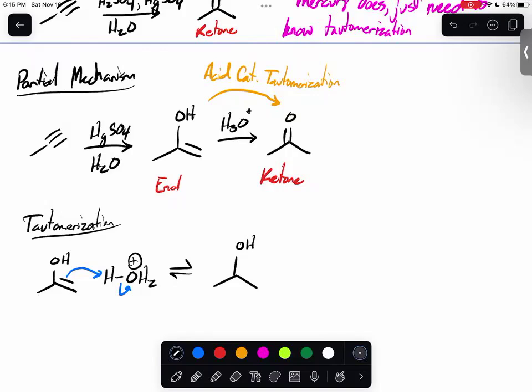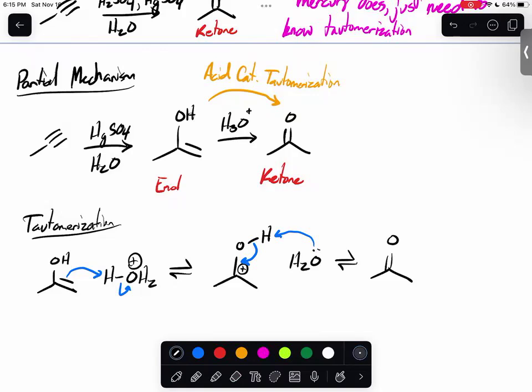This, of course, generates our carbocation, where now our enol can get deprotonated. But again, we're going to show it a little quicker, where now this time, when we deprotonate this, it's more like an E1, where instead of having to show the resonance and the deprotonation, we show them all in one step. So that is how we do that tautomerization to get from the enol to the ketone.